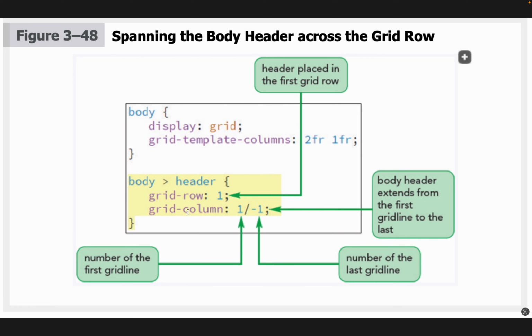Now, here we have the way we can organize the grid. For example, grid row 1 means that everything from the top, from here to here, this top side, is going to be occupied by the header.